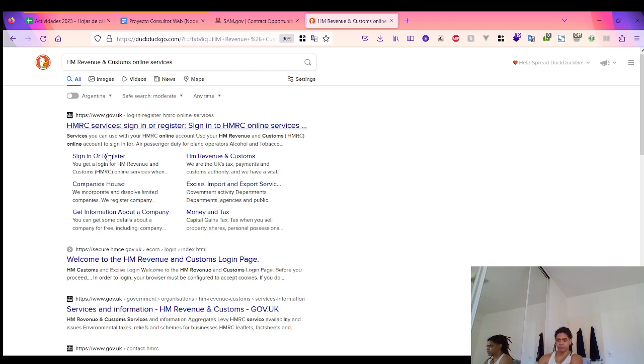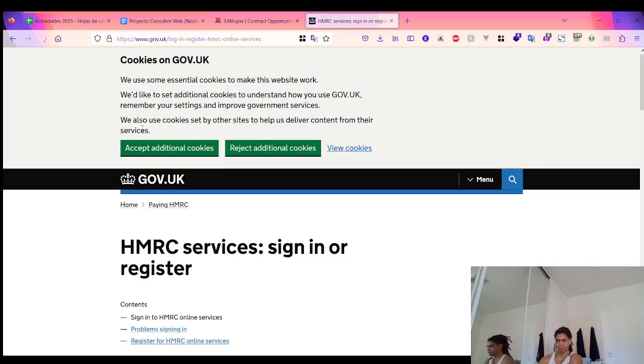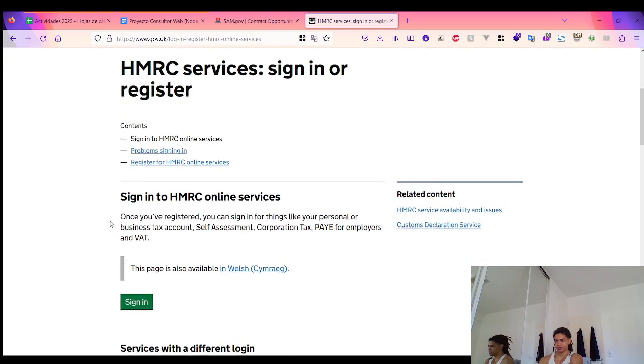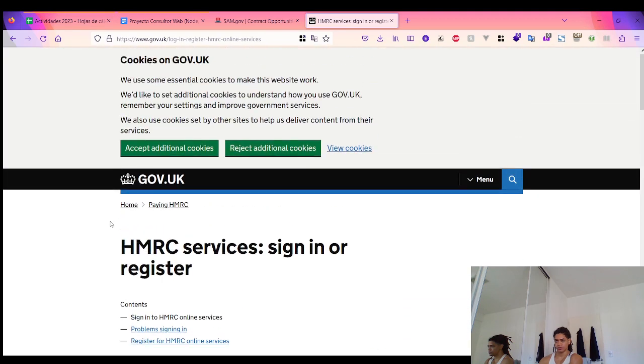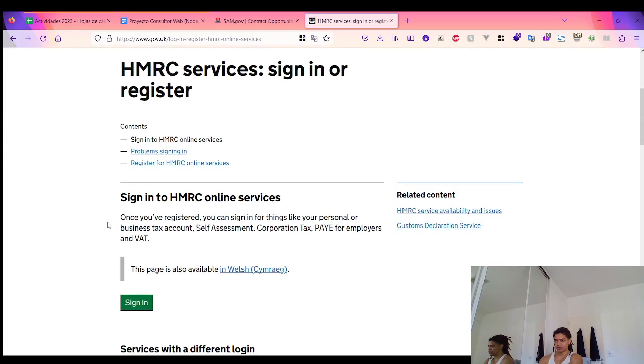Services you can use with your HMRC online account. HMRC service, sign in or register. Once you have registered, you can sign in for things like your personal or business tax account, self-assessment, corporation tax, pay for employers, and VAT. What is VAT?